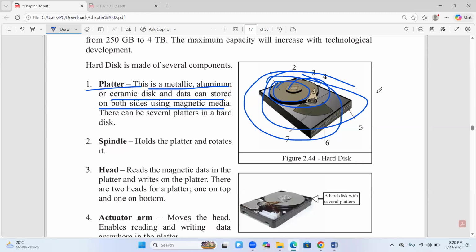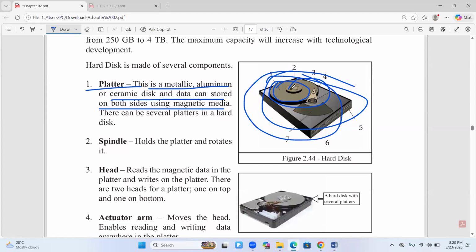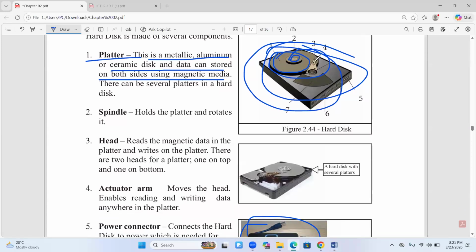Number two, the spindle, holds the platter and rotates it. Number three is the head, which reads the magnetic data on the platter and writes on the platter. Read and write.